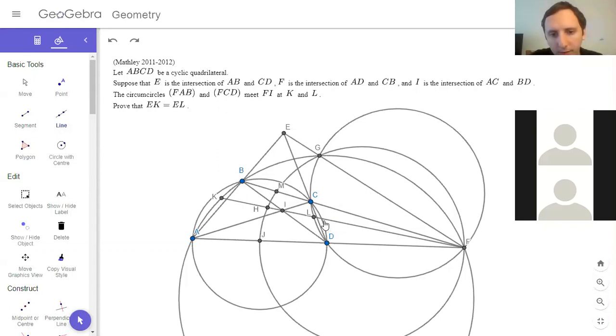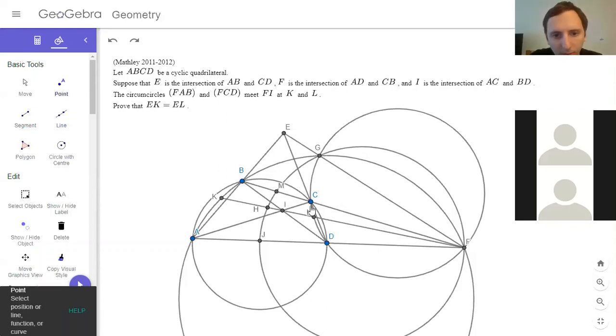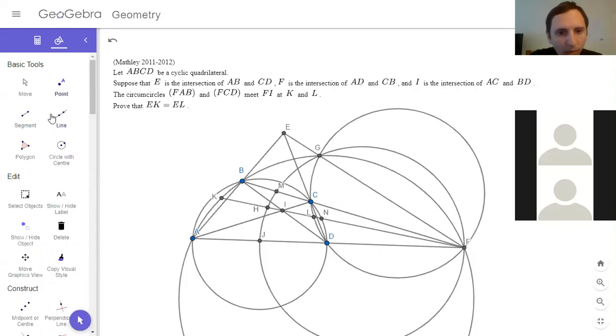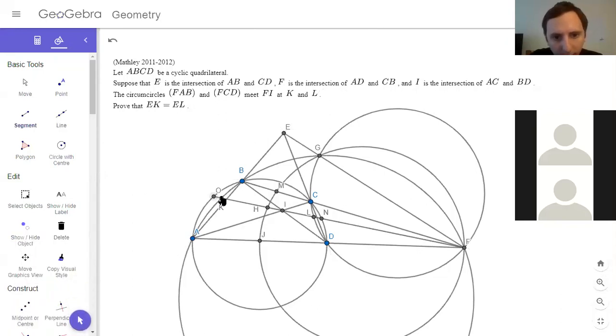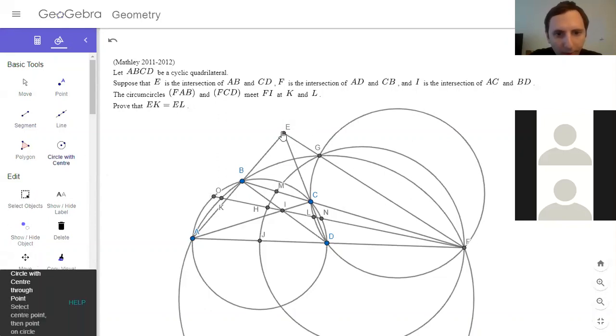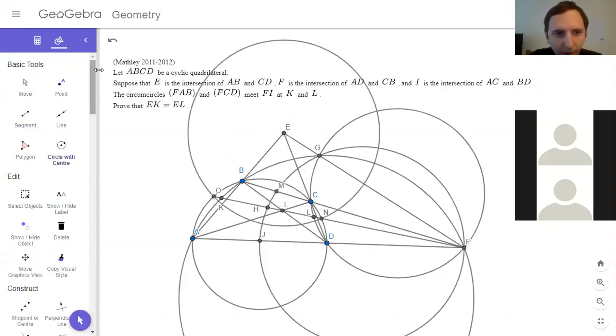Oh wait, maybe it's not that easy. No, by Brocard's theorem, I think we can show EN is tangent to ABCD. So I can show EN is equal to EO. I have to show EK is equal to EL.